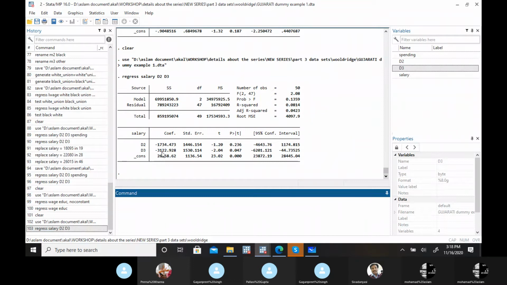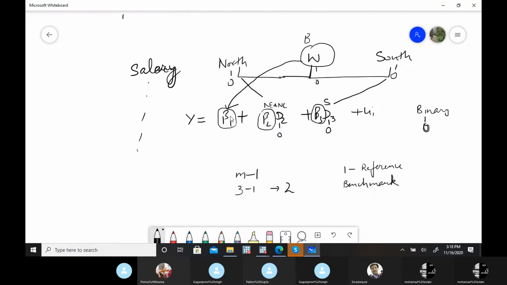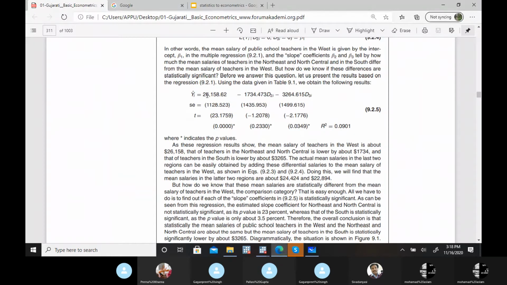Now first just try to understand these results. This constant is this particular value. This value is beta 1. And what it means, first this particular value.